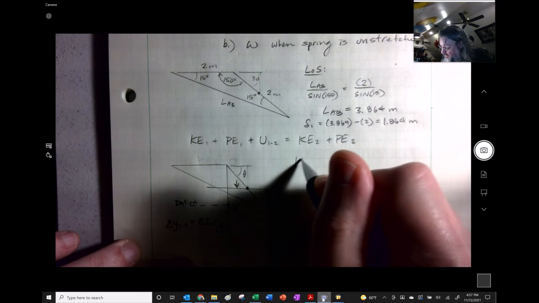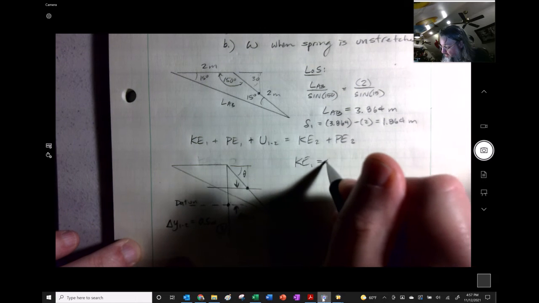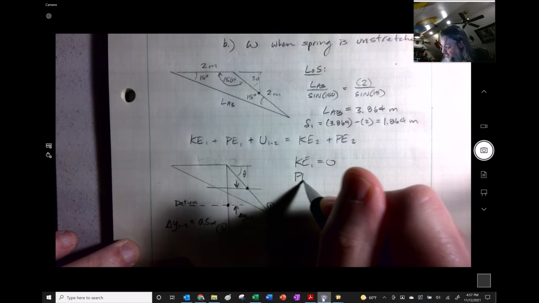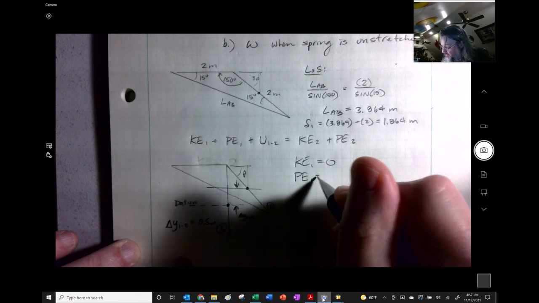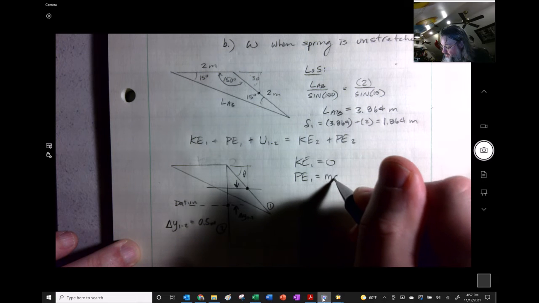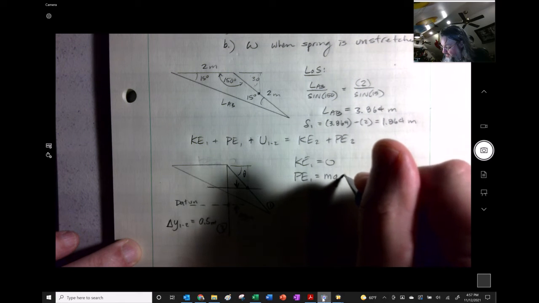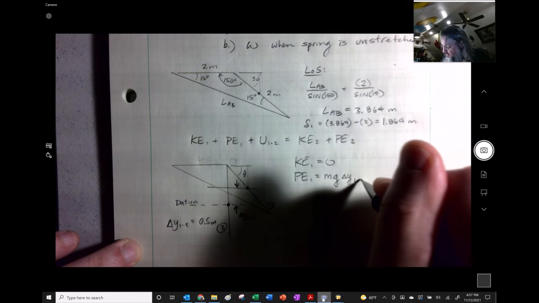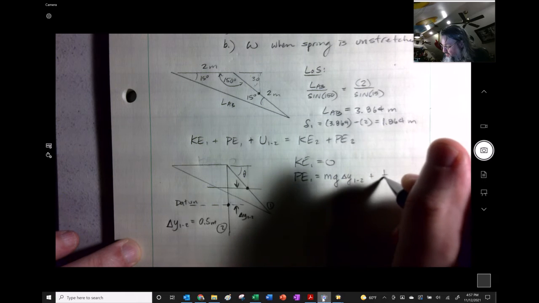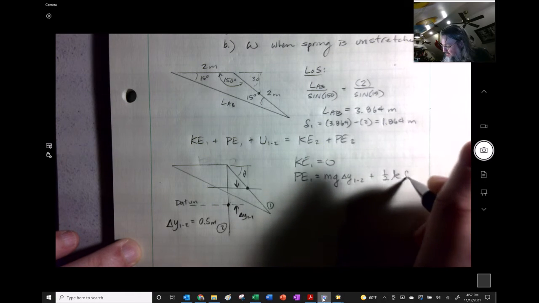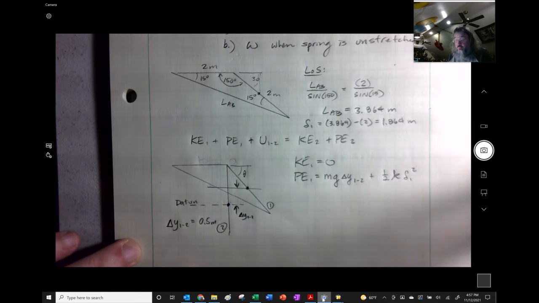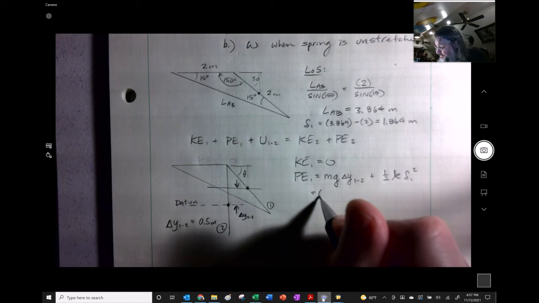So let's see. KE1 equal to 0. PE1 is going to be equal to mg times delta Y 1 to 2 plus 1/2 K del 1 squared. All right, so let's get all that in there.